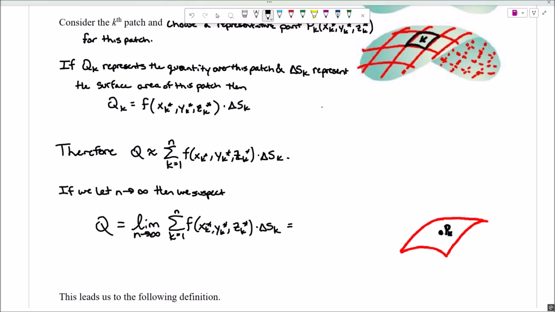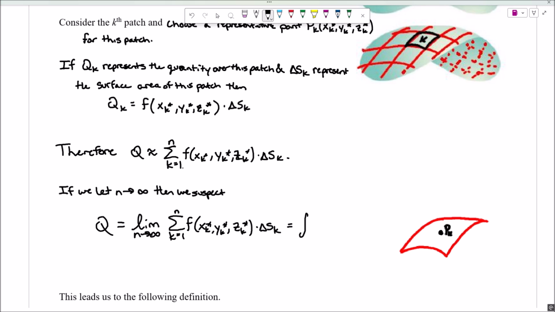Now, we saw double integrals in the past as often being represented as having two summations. And technically here I would use two summations to traverse both the horizontal and vertical, or the left, right, and front to back movement of these patches across the surface. Here I've just, for simplicity's sake, summarized them in a single summation.